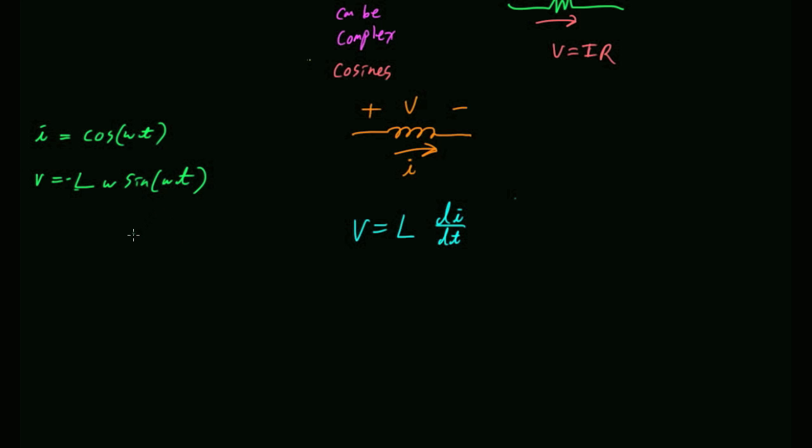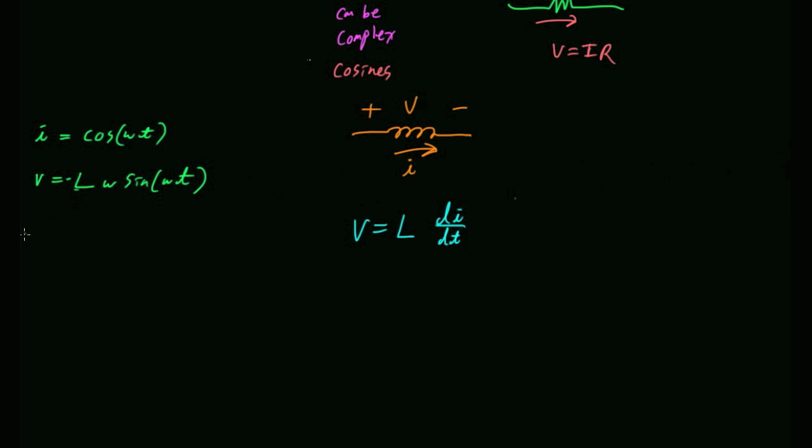Okay, here's what I'm going to do. This is right. This is totally cool. Can I rewrite this as a cosine? Because sine and cosine are different, and blah, blah, blah. So how can I write, L omega, that's just a scalar, right?